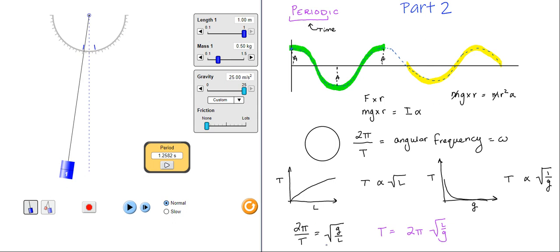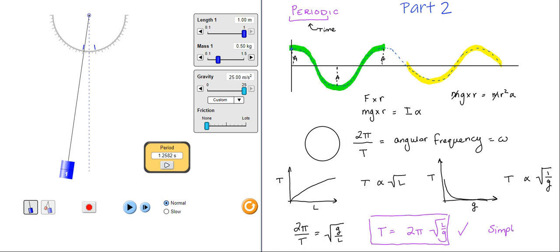So when I multiply by T on both sides, then multiply by the reciprocal of root L over g and move it around, I get an expression that looks like this. And that is, in fact, the equation that would determine the period of a pendulum that is oscillating back and forth. Now keep in mind that this is a simple pendulum.